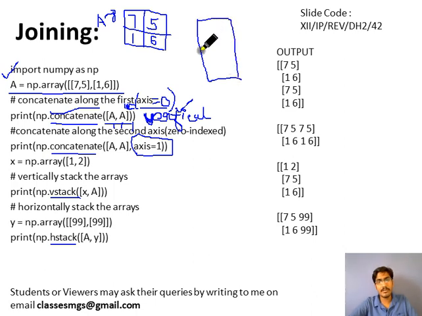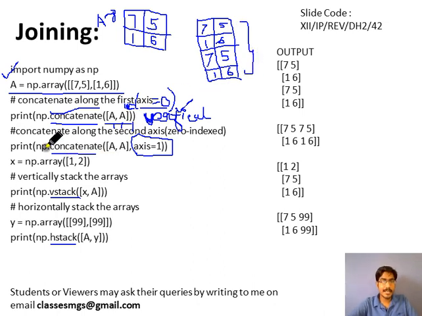So it will look like this: 7, 5, 1, 6, and again the A array will be joined. So 7 5 1 6 will be repeated 2 times and it will be vertically joined.